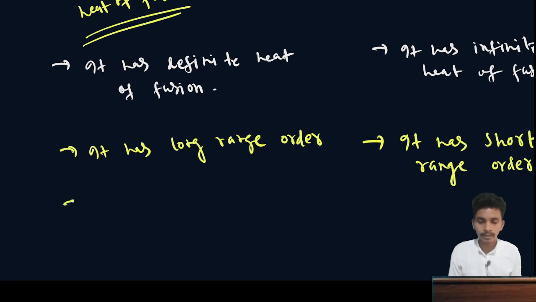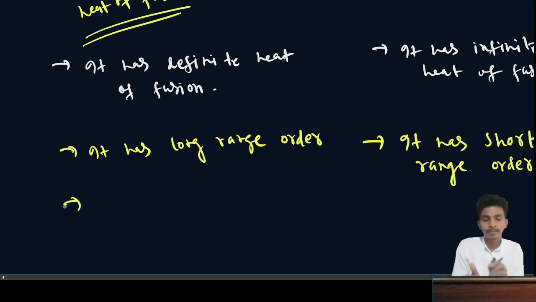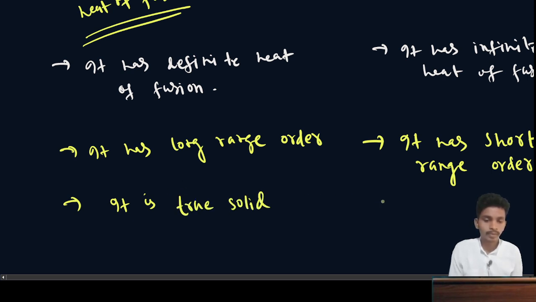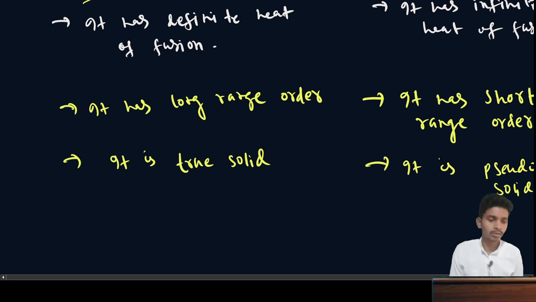Another difference between them is that crystalline solids are true solids, but amorphous solids are pseudo solids, or we can say super cooled liquids.